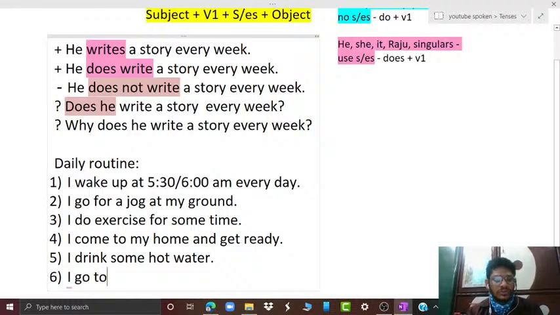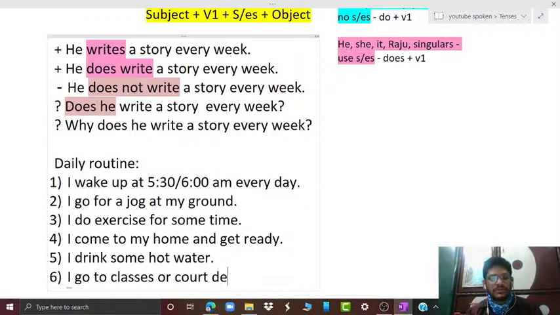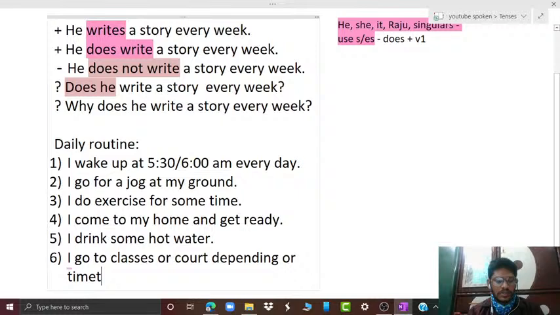I go to classes or court, depending on the schedule or timetable.